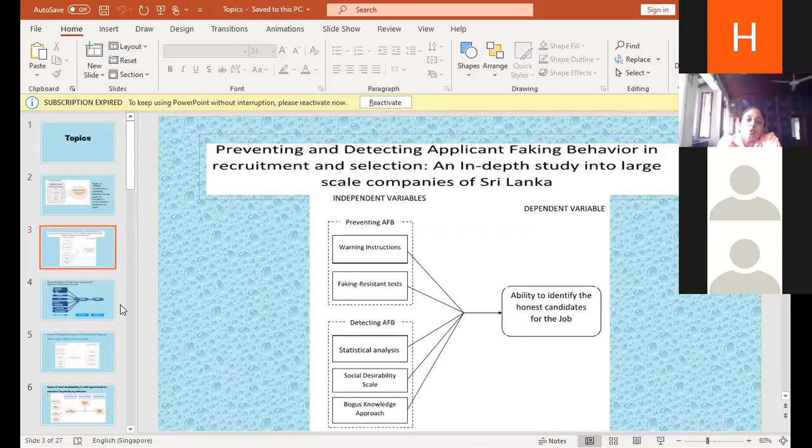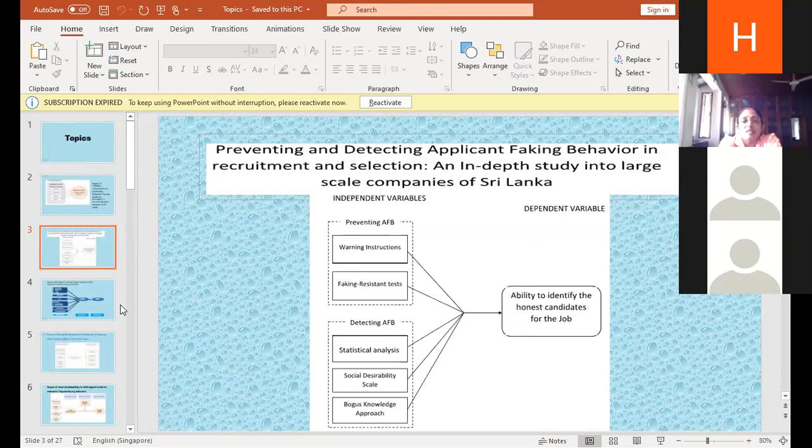This student wanted to find whether the large-scale companies in Sri Lanka, to what extent are they successful in identifying and detecting the employees' faking behavior?